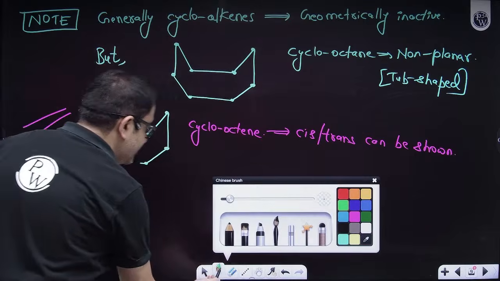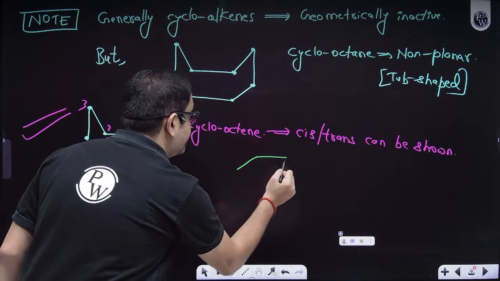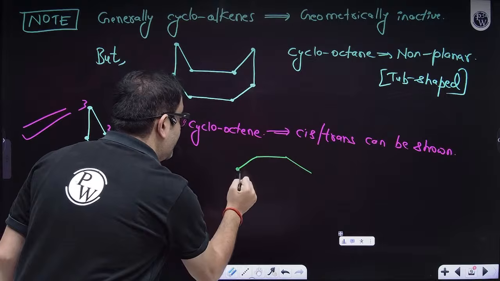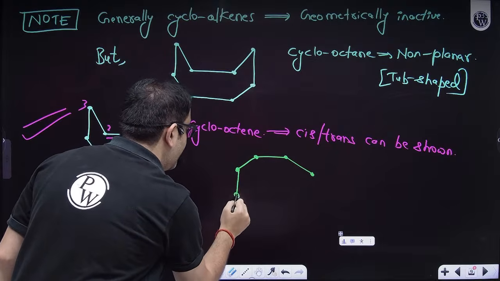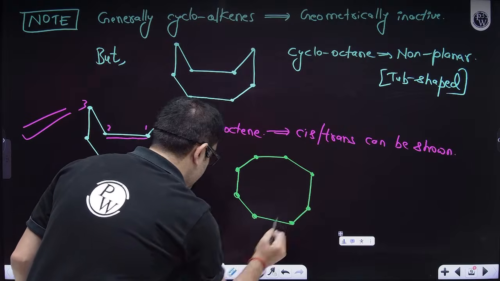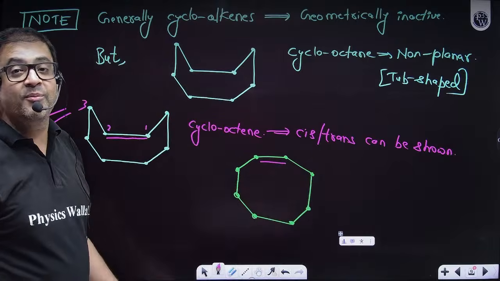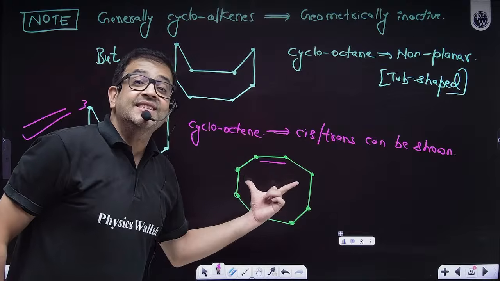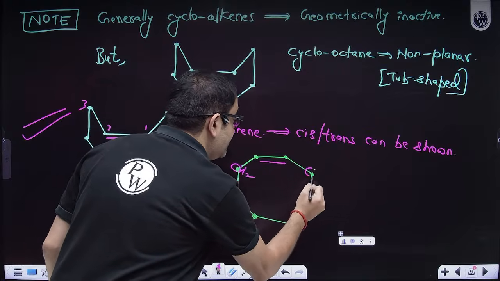Sir, how will the cis form look? Beta, the cis form will simply look like this: 1, 2, 3, 4, 5, 6, 7 and 8. Just look at this geometrical form. This is a cis form, similar groups on the same side.